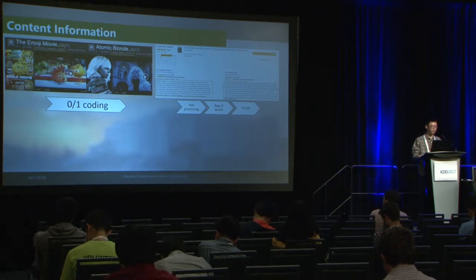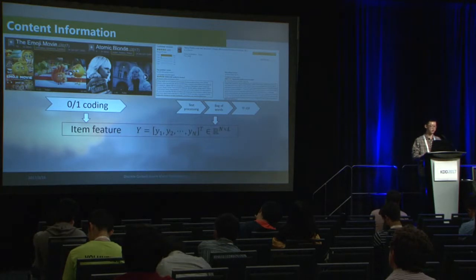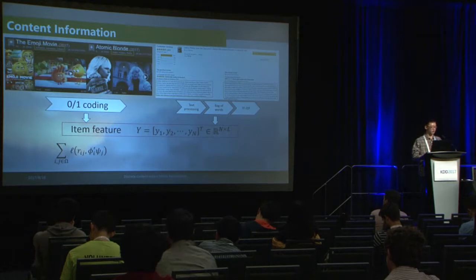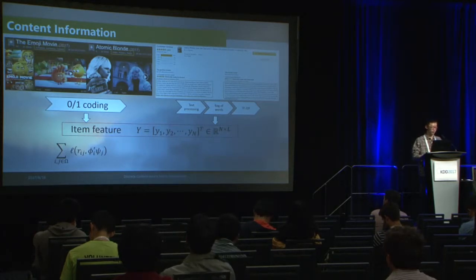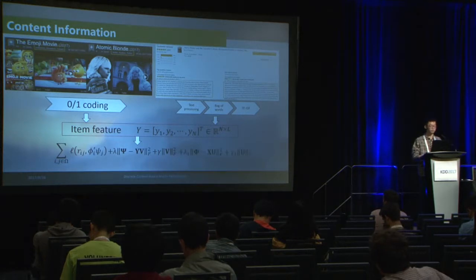So for movies, we apply 0-1 coding, and for products on Amazon, we collect their reviews and apply text processing, TF-IDF, in order to get item features. In order to solve for our objective with item features, we add two terms to the loss function, and same for the users.